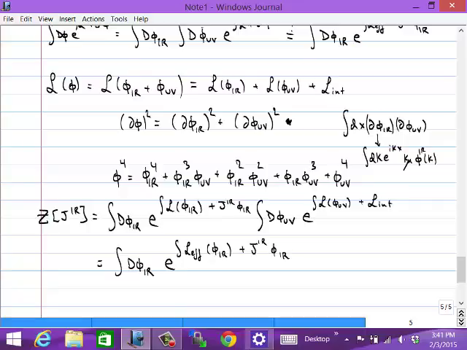So if you like, you could take this expression as the definition of L effective. L effective is defined to be whatever you get when you integrate out all of the UV degrees of freedom. So let me just summarize a little bit what's going on here.